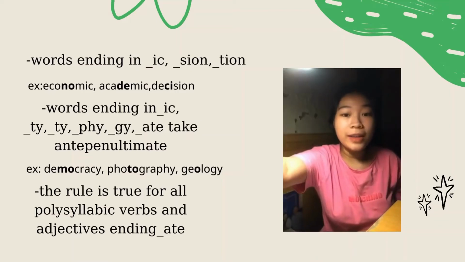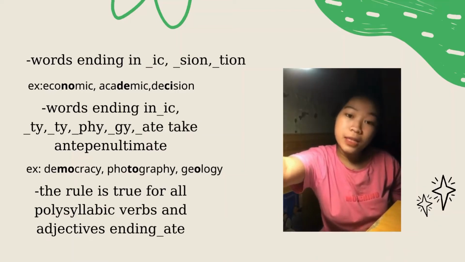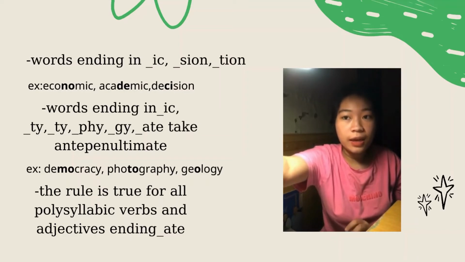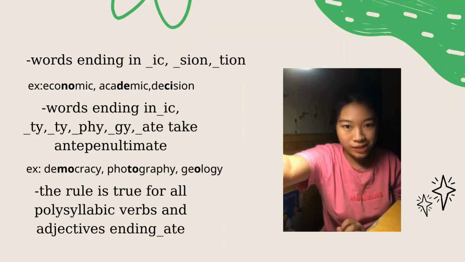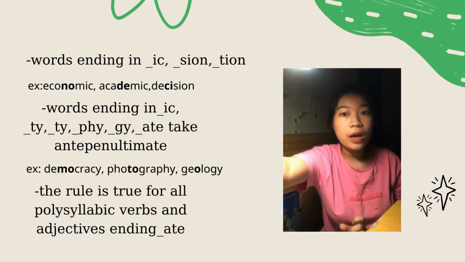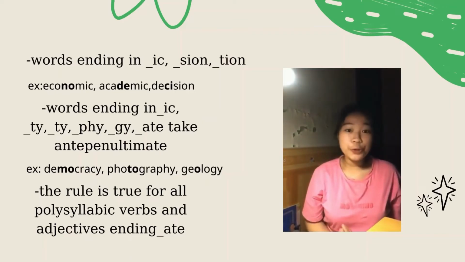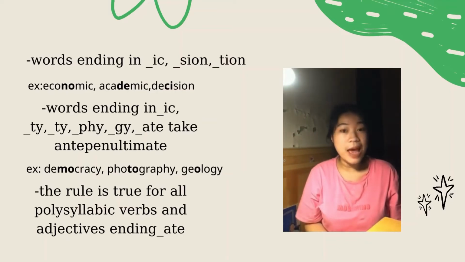Words ending in CY, TY, FY, GY, and ATE take the antepenultimate stress, such as democracy, technology, practicality, photography, and geology. This is also true for polysyllabic verbs and adjectives ending in ate, such as graduate, estimate, accumulate, fortunate.